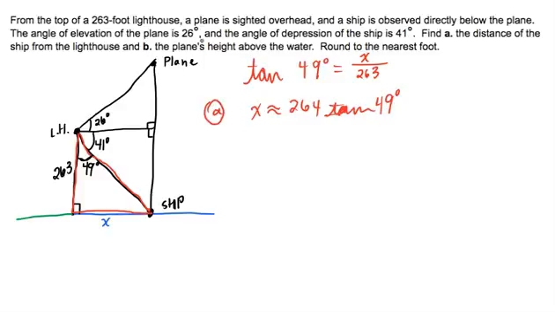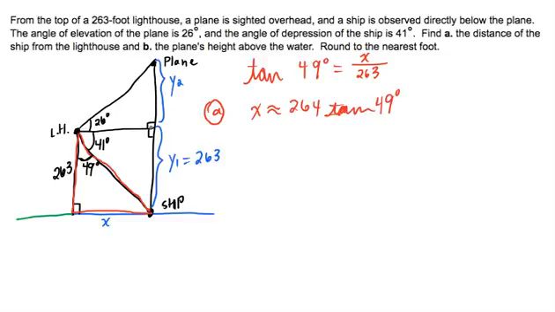Then for part B, the plane's height above the water, well, that's the sum of this distance. Let's call it Y1, and we'll call this distance Y2. I think we're going to need to find those distances separately and then add them together. Now actually Y1 we are given. If you recognize that this is a rectangle here, so that distance is 263.